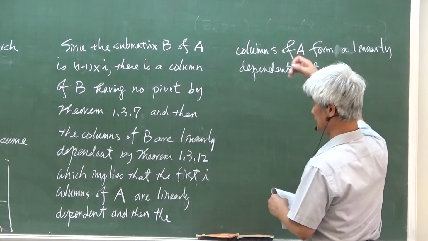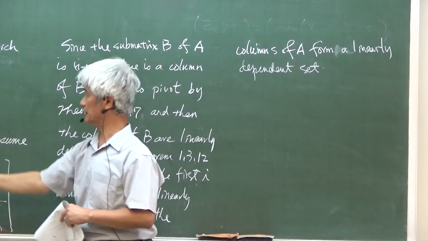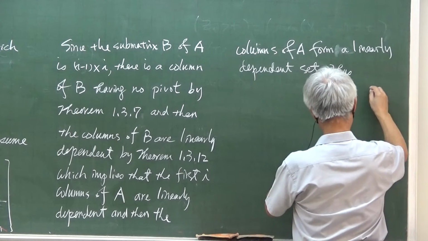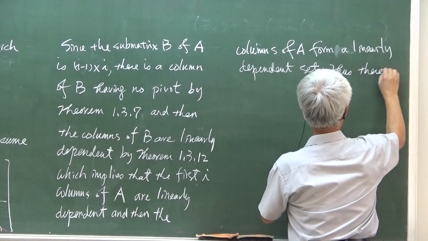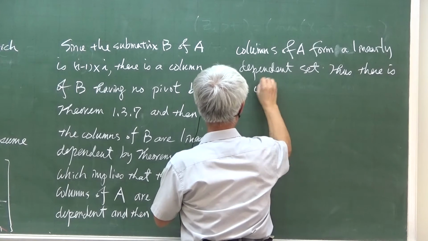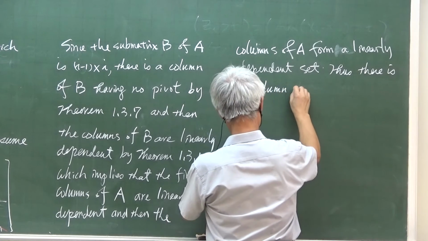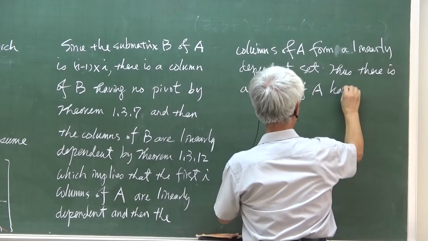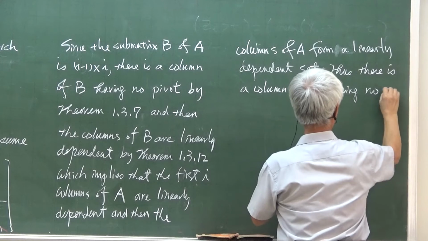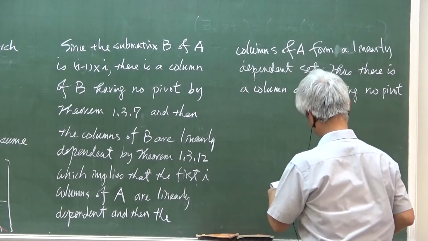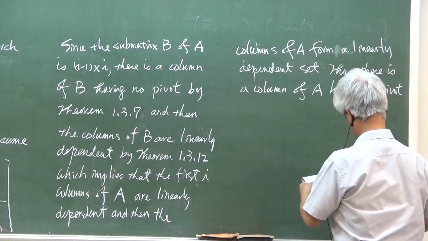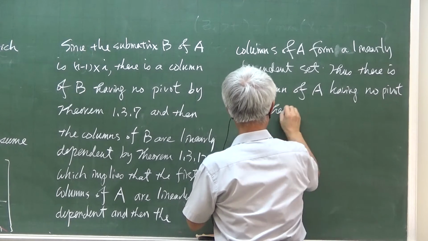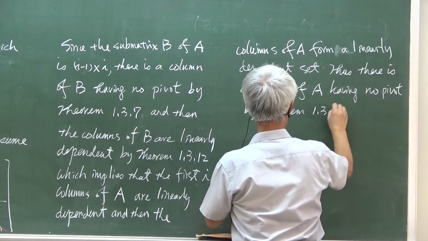Now, if the columns are linearly dependent, then there is a column of A having no pivot, again by theorem 1.3.12.